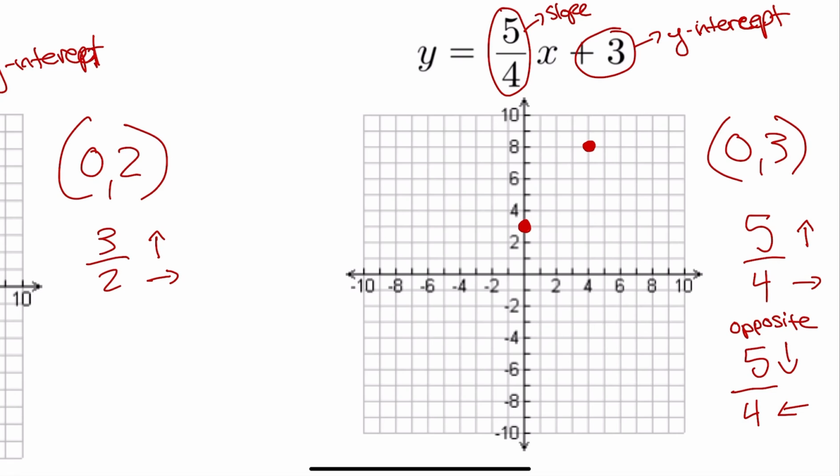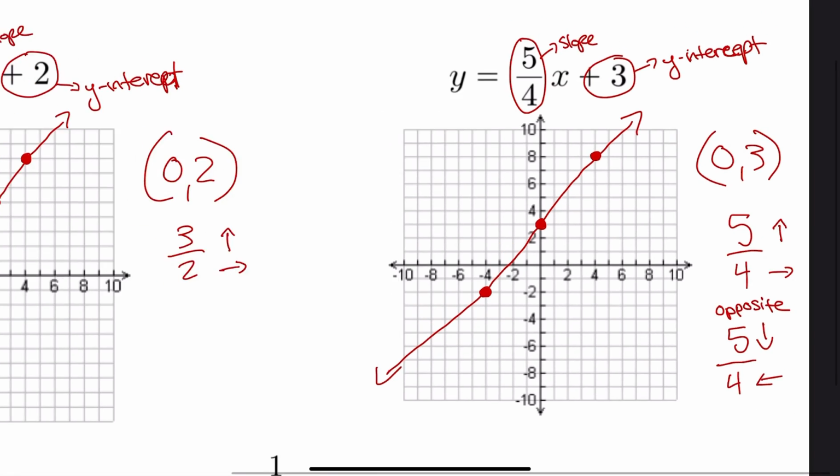Okay, so starting at my end here, I'm going to go down 5. 1, 2, 3, 4, 5. And then to the left 4. 1, 2, 3, 4. Right here. Cool. Now I have 3 points. I'm going to draw my line. And I am good.